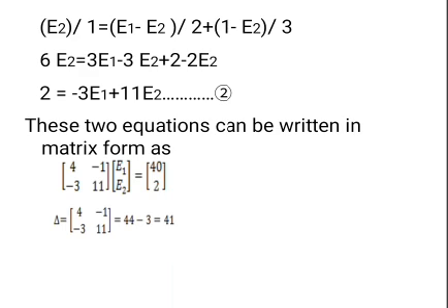The determinant of the given matrix is 11 into 4, 44, minus minus 3 into minus 1, which is 3, so 44 minus 3 equals 41.